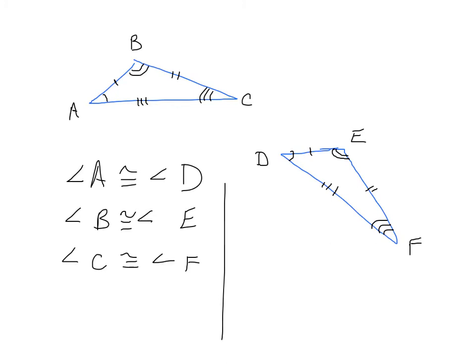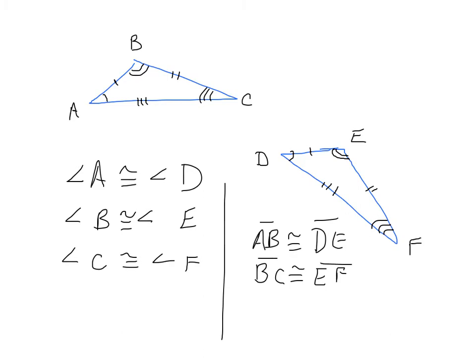And we have here that AB is actually congruent to DE. We know from the single hash mark here. So segment AB is congruent to segment DE. And we can keep going. BC and EF appear to be congruent according to our double hash mark. So we can put that down. So BC is congruent to EF.